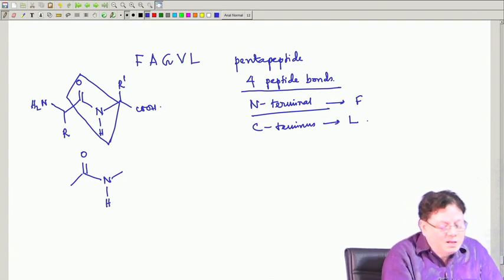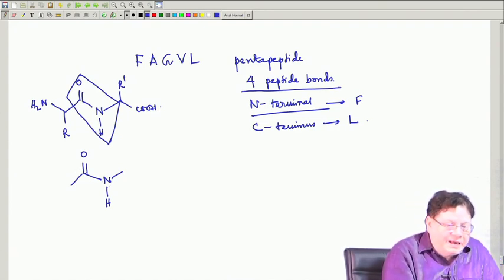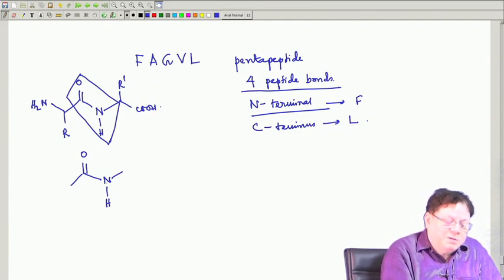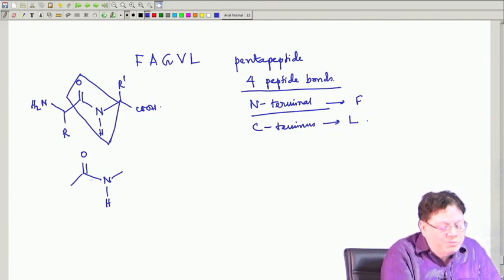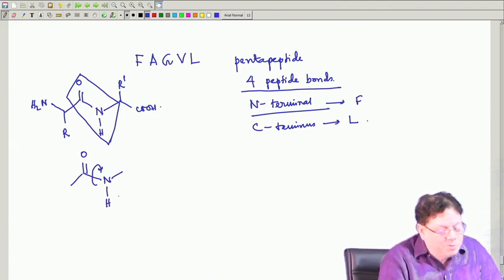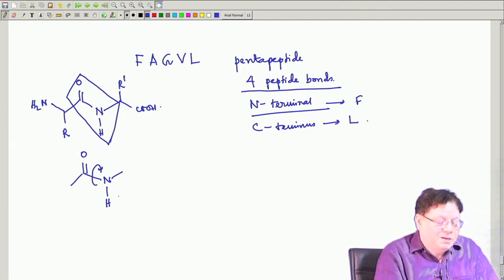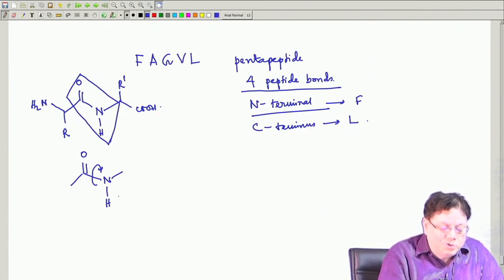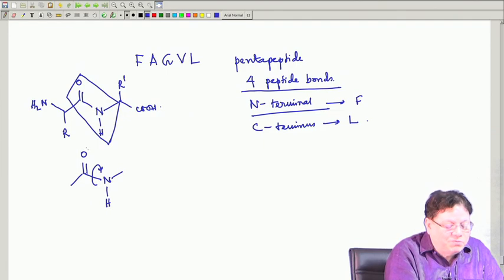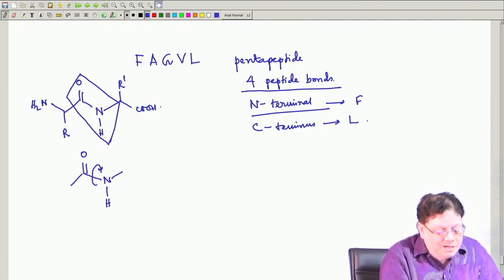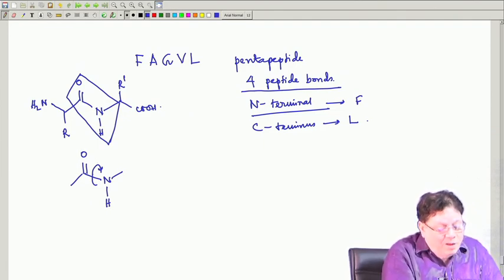What is the real character of this bond? Because if it is a single bond, then there will be free rotation between the carbonyl carbon and the nitrogen. So, these are some of the issues. One issue is why it assumes this form, with the NH and the carbonyl anti. Number 2 is whether there is any rotation between this carbon and the nitrogen.